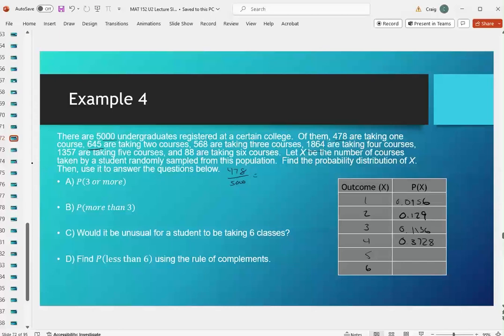I guess I could write 1 or 2 of these in. That might help. 1357 divided by 5,000 gives you 0.2714.